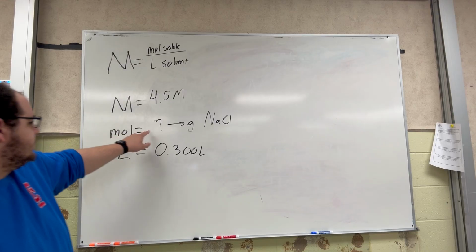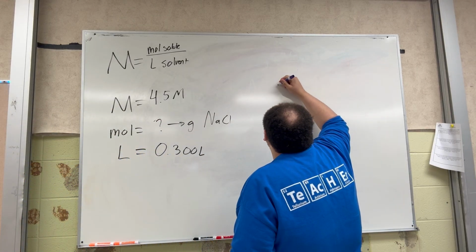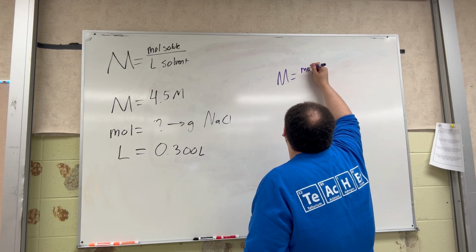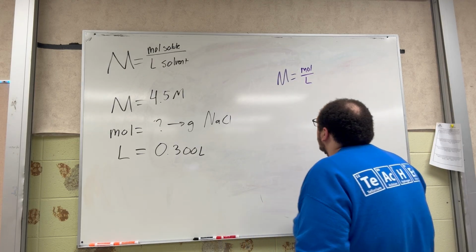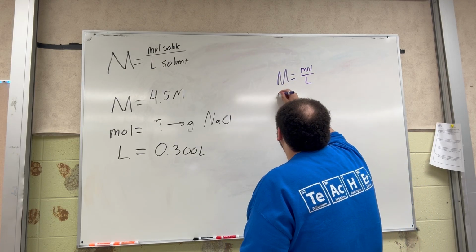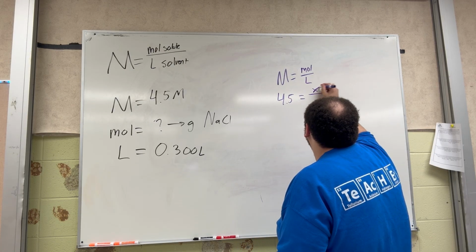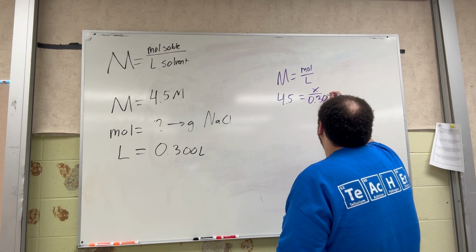Let's start with finding moles here. I'm going to use my molarity formula, where molarity equals moles over liters. My molarity, 4.5 equals, I'm solving for moles, so we'll put X next. Liters, 0.300.